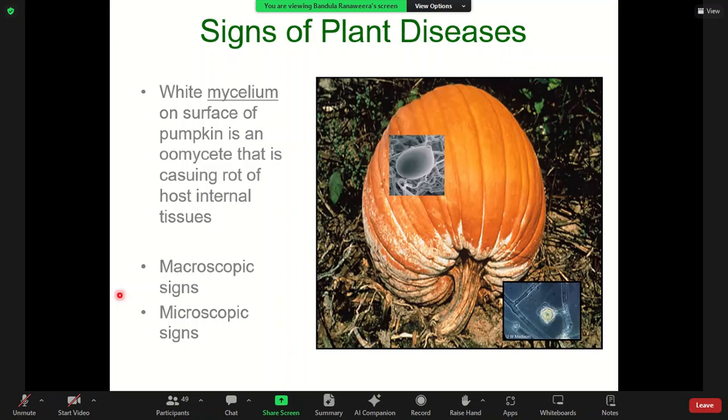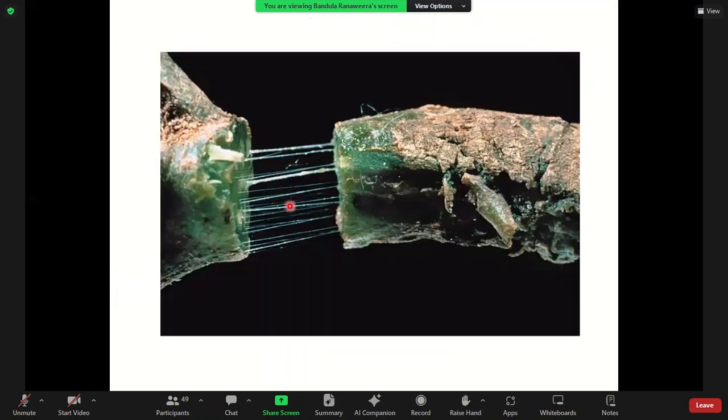Then some unusual signs like this: an ooze produced by a bacteria. When a plant part is infected by a bacteria, that bacteria is destroying the plant cells and producing its own toxin.